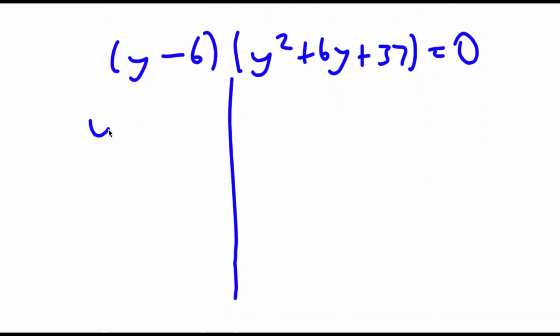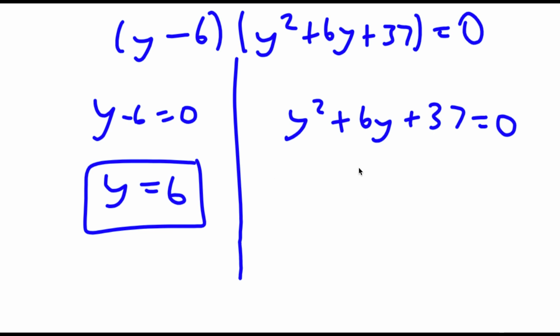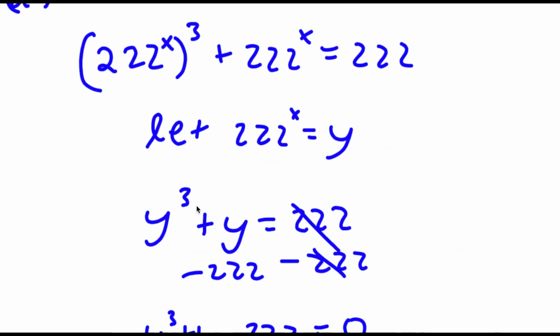So now this gives me y minus 6 equals 0 and y squared plus 6y plus 37 is equal to 0. So for y minus 6 equals 0, y is equal to 6. And for y squared plus 6y plus 37 equals 0, there's actually no solution, because if you plug this into the quadratic formula, you get the square root of a negative number. So y equals 6 is my only solution for y.